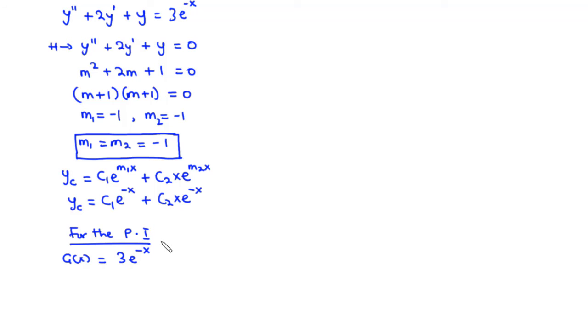Now the moment we have both e to the power negative x and x times e to the power negative x in the complementary function, then we are going to establish yp equals a times x squared times e to the power negative x.